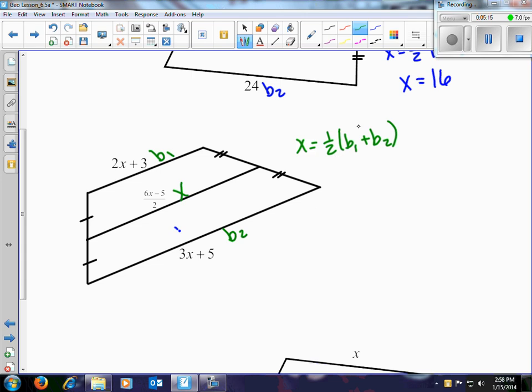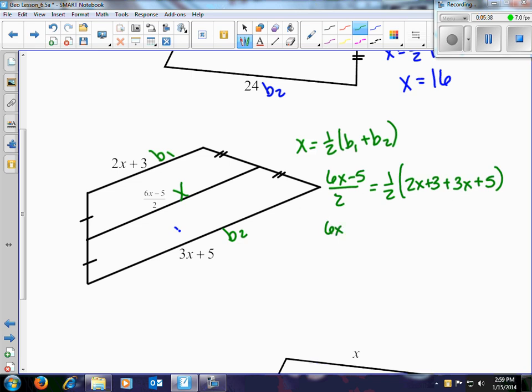Now I'm just going to plug that into my formula. So I have (6x minus 5) divided by 2 equals 1/2 times (2x plus 3 plus 3x plus 5). Now I put this in parentheses because my 1/2 is being multiplied by this whole thing.